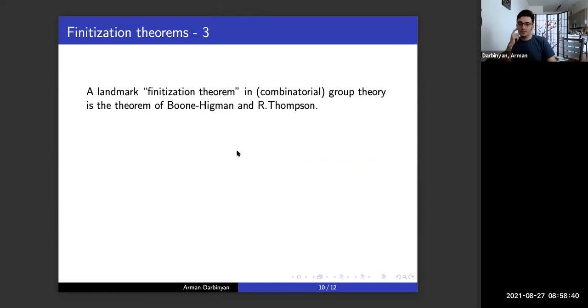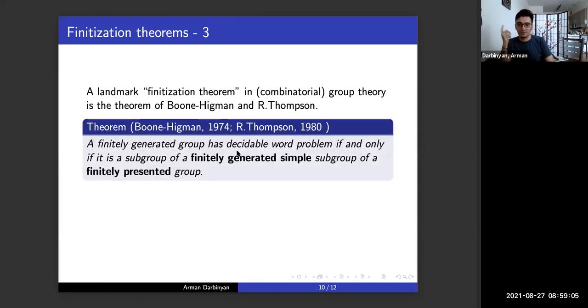And finally, before finishing my talk, I would like to mention probably the most famous finitization theorem, at least in combinatorial group theory. That is the theorem of Boone, Higman, and Richard Thompson. So I will tell what was the contribution of Richard Thompson. It says that a finitely generated group has decidable word problem if and only if it is a subgroup of a finitely generated simple subgroup of a finitely presented group.